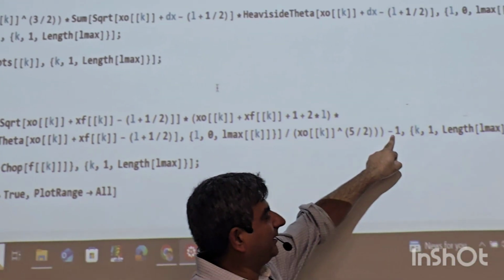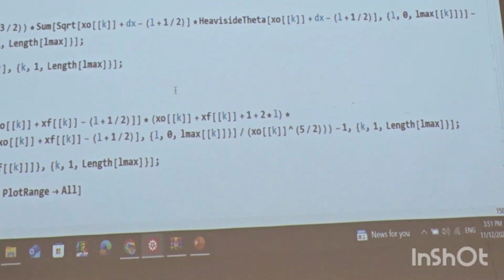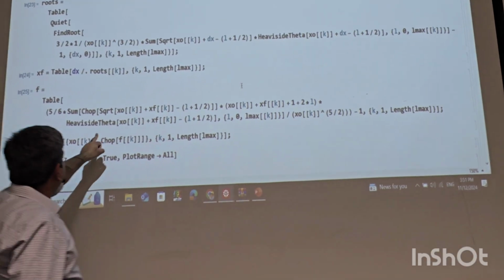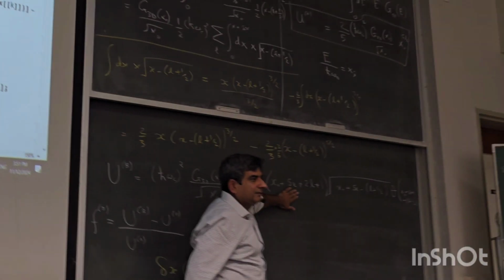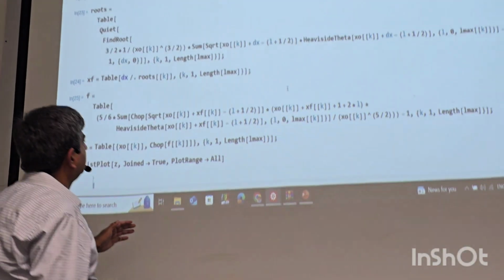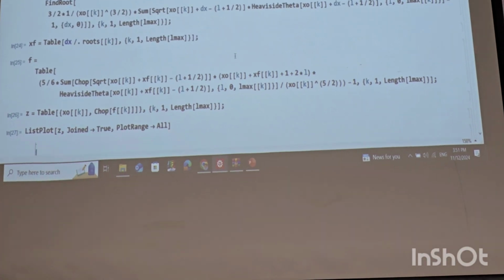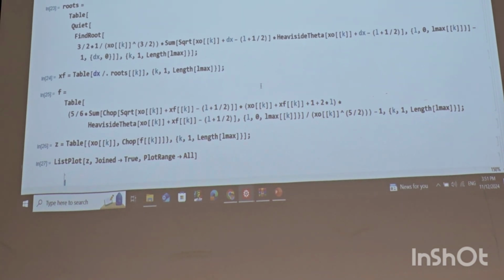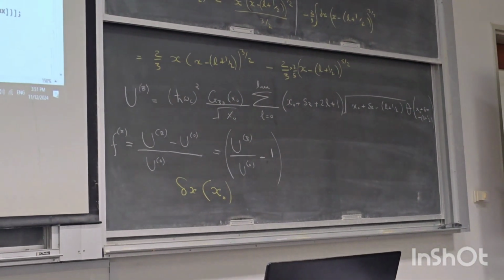See, this is a minus 1, this is this minus 1, and the rest is the ratio between ub and u naught. ub is the square root, this square root into this thing, divided by x naught, divided by that thing over there.